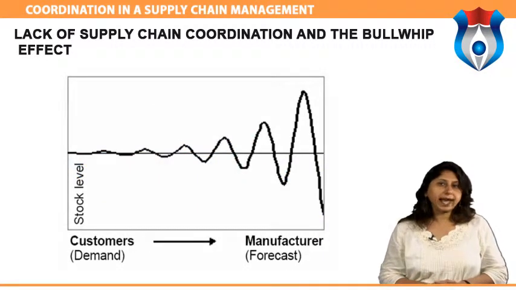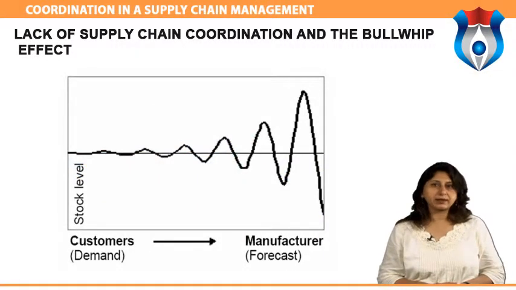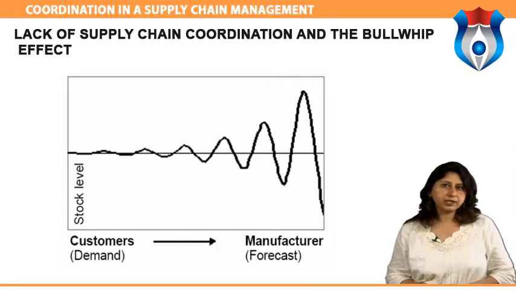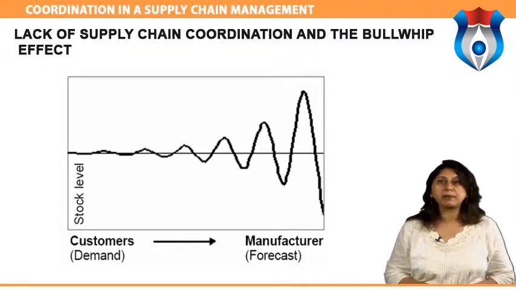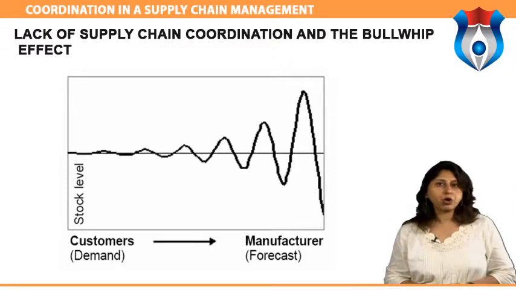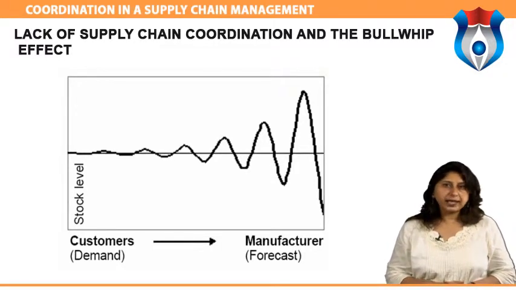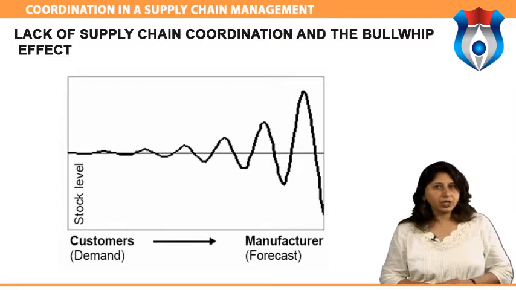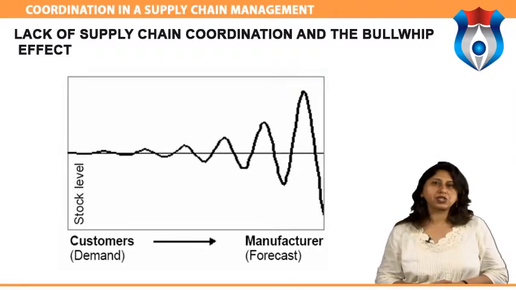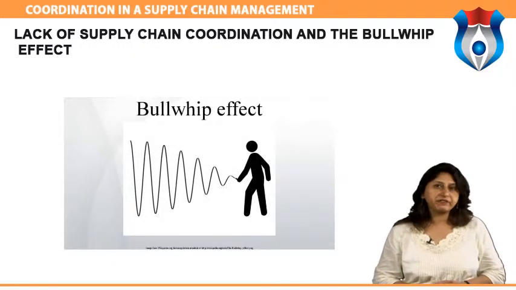The effect of lack of coordination on performance: manufacturing cost, inventory cost, replenishment lead time, transportation cost, labor cost for shipping and receiving, level of product availability, relationships across the supply chain. Bullwhip effect.